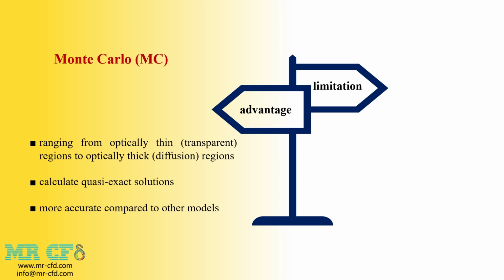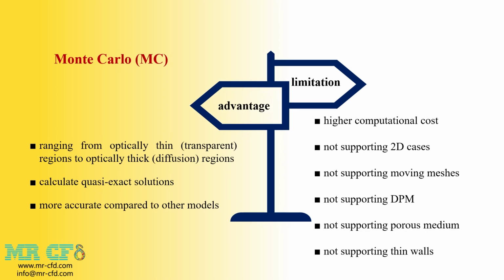And the third advantage of this method is that it is more accurate than other available radiation models, but in the same proportion, the computational cost increases. But there are some limitations in using this radiation method. First, all the desired physical quantities are calculated as surface or volume averages.